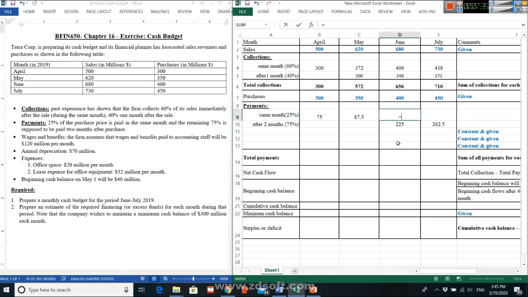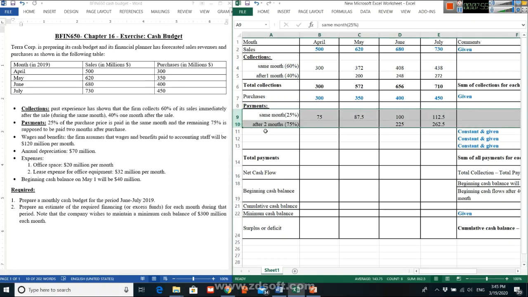Regarding June, 0.25 times the 400. After 2 months, we don't have the column of August, so we don't put it. Also, the same thing for July, so 0.25 times the 450. Also, these two rows may vary according to the exercise.